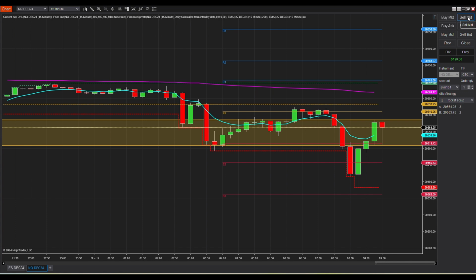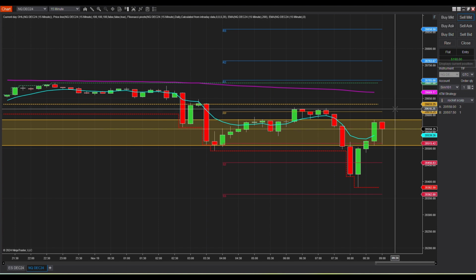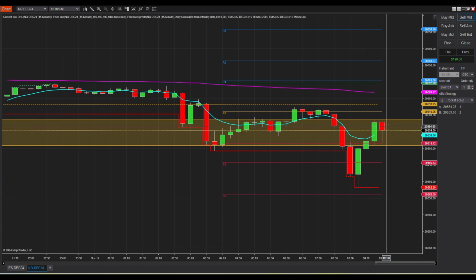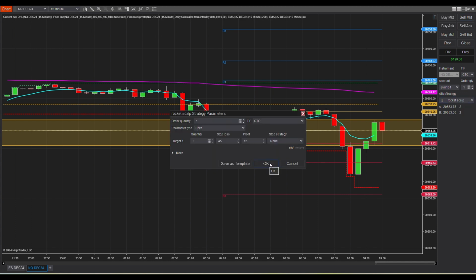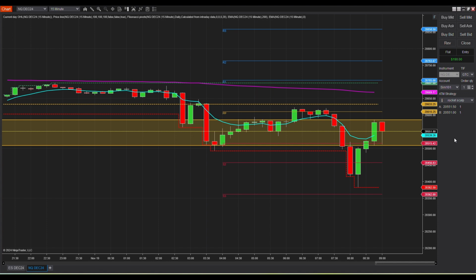8.58. $8.59. That's a 15-minute range. That's the 15-minute candle. Right now we're inside the 15 initial balance range, just waiting, looking, doing quick scalps. 15 ticks. What I'm doing, I'm just taking pullback trades.